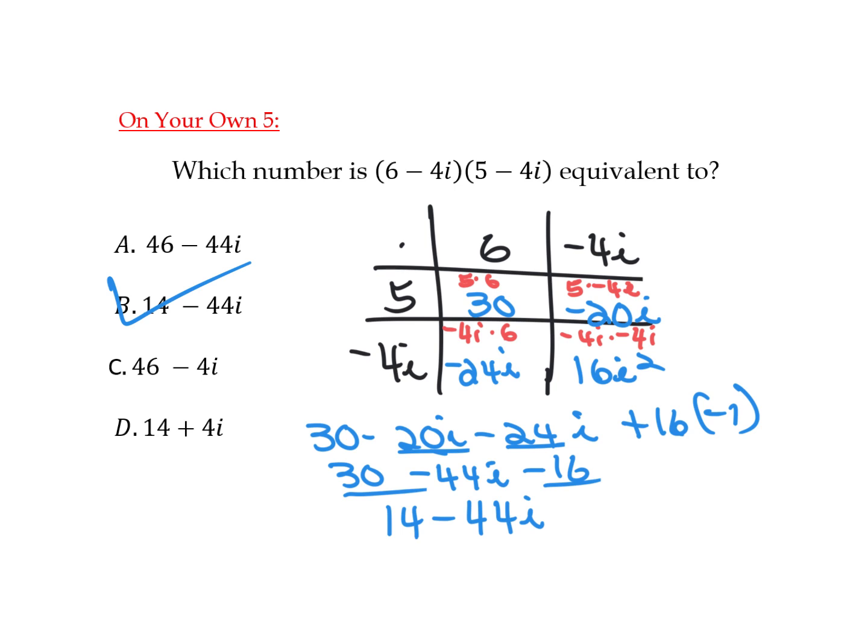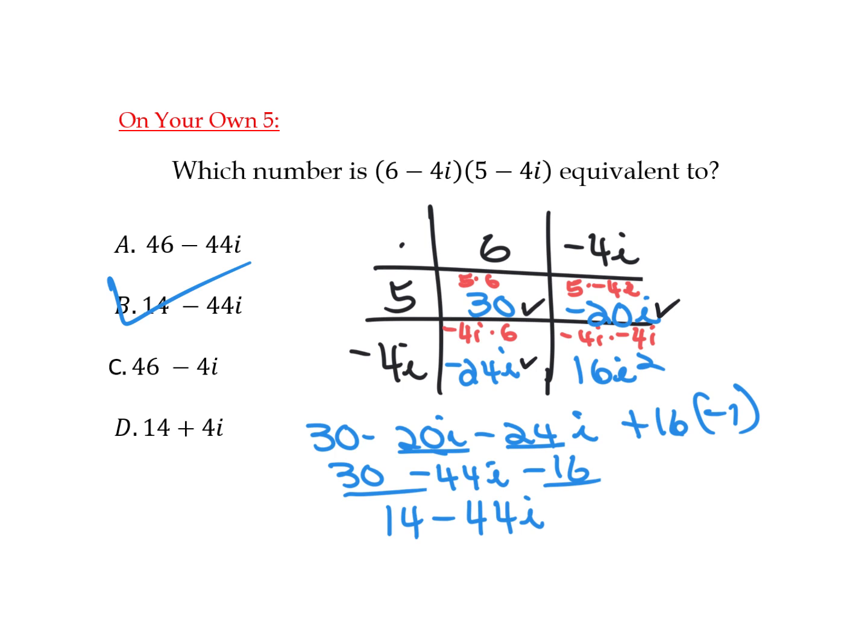So in my box, I have 5 times 6 is 30. 5 times negative 4i is going to be negative 20i. Negative 4i times 6 is going to be negative 24i. And negative 4i times negative 4i is 16i squared.